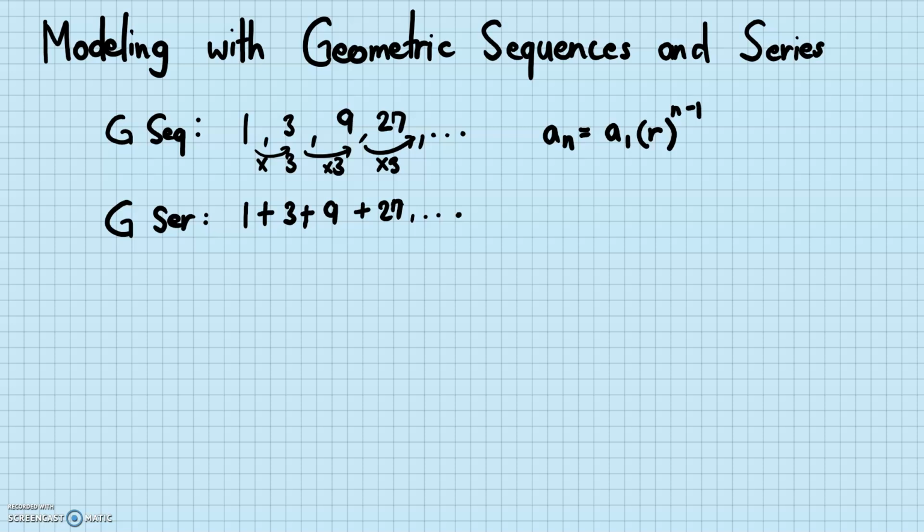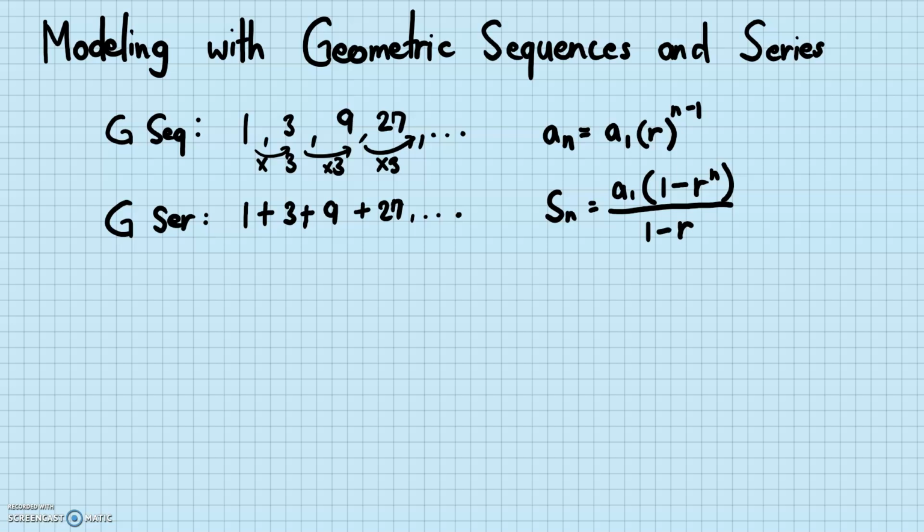Okay, so r stands for the common ratio. And for a geometric series, the sum of the first n terms equals the first term times 1 minus r to the nth power over 1 minus r.